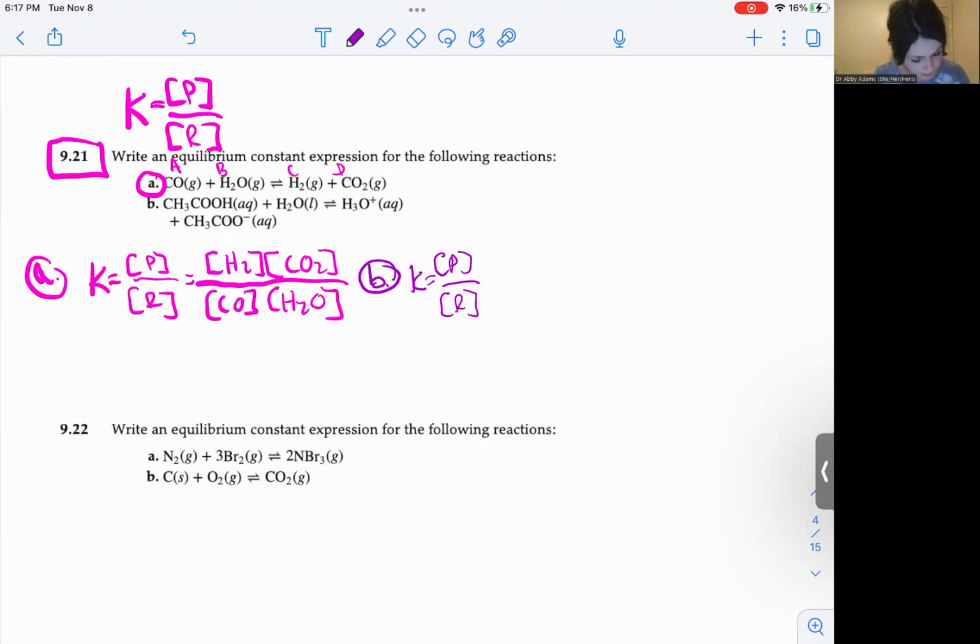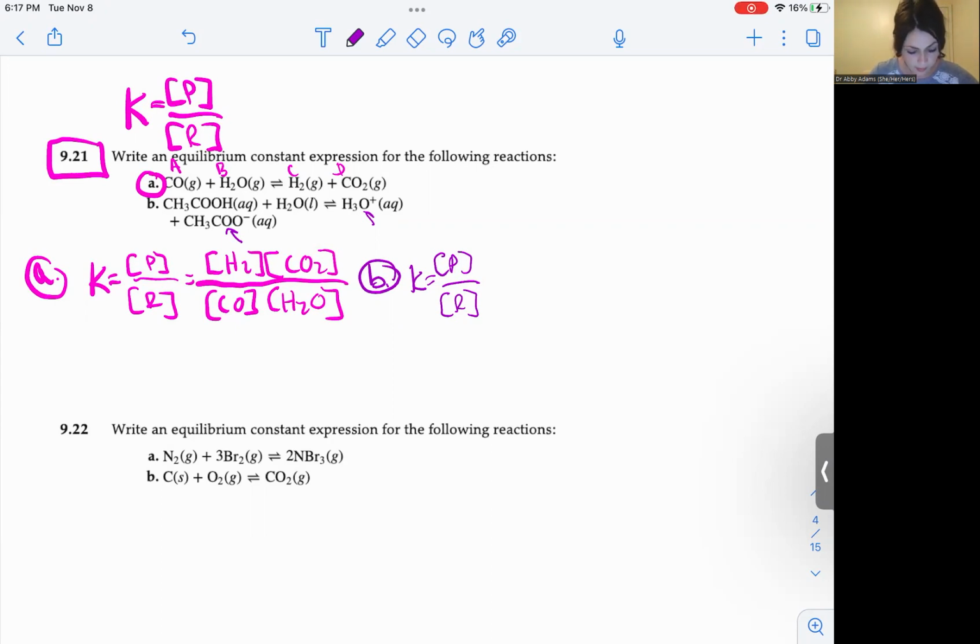We've got acetic acid and water makes the hydronium ion and the acetate ion. In this reversible reaction, you can always practice and look, where's my proton donor, or what's my acid and what's my base.